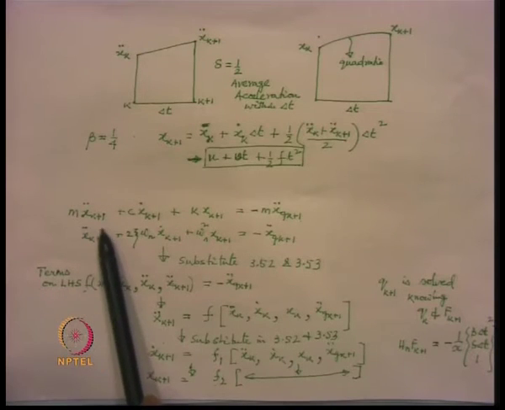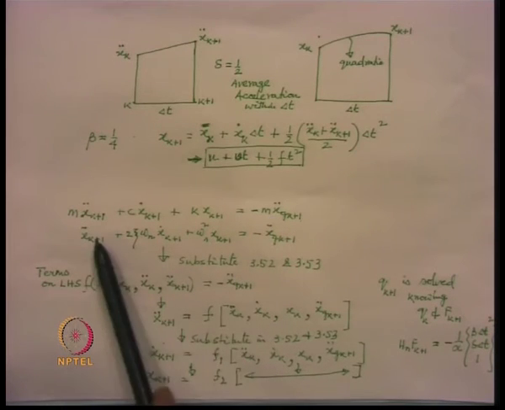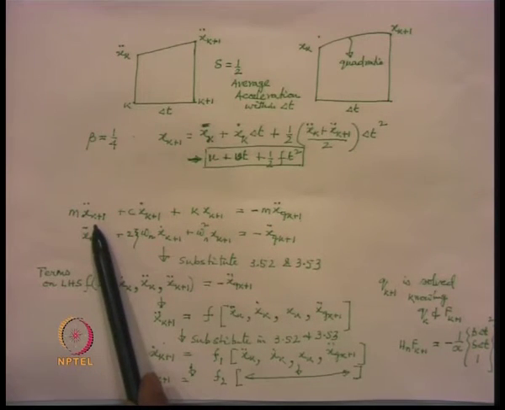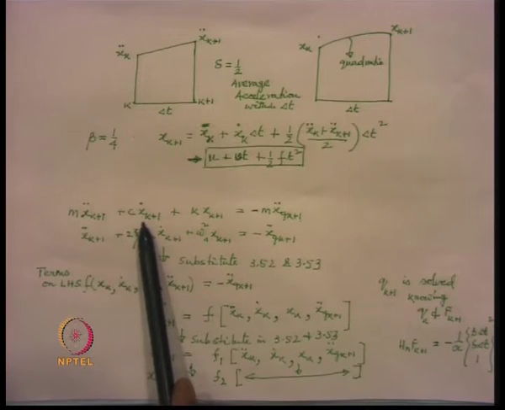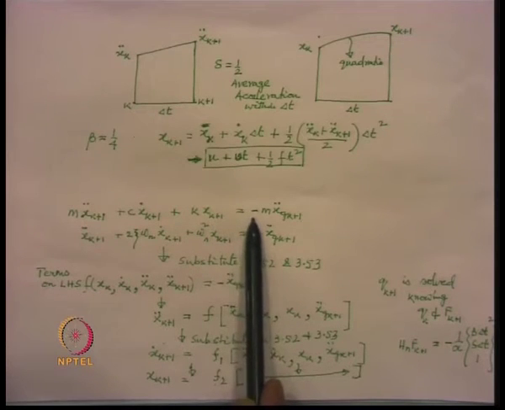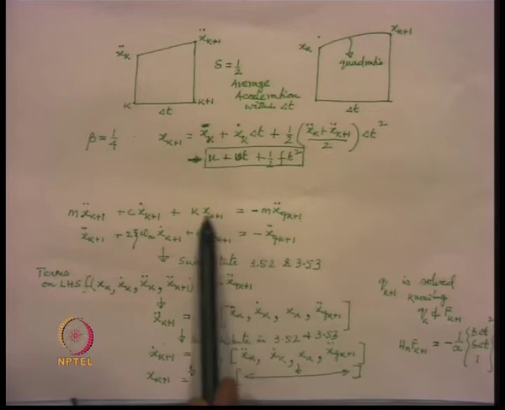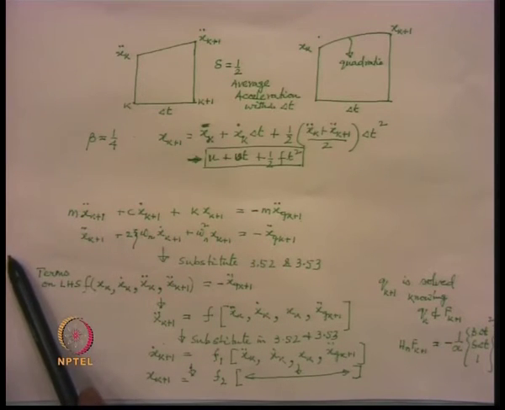Now, with this assumption we can go ahead in this sequence. We write down the equation of motion in the usual form, that is m x double dot k plus 1 plus c x dot k plus 1 plus k x k plus 1 is equal to minus m x double dot g k plus 1. So, this is the equation of motion at the time step k plus 1.